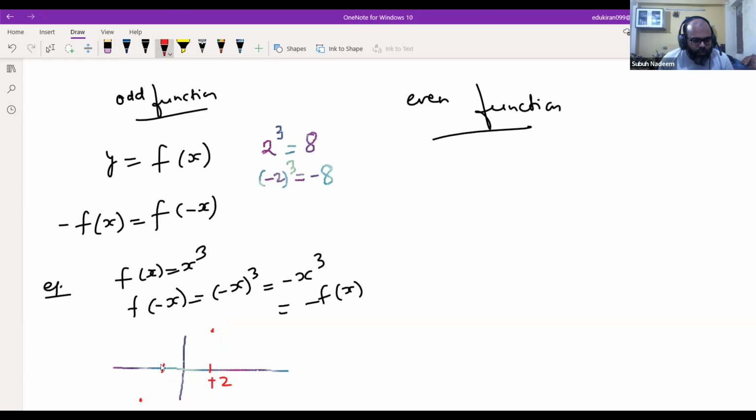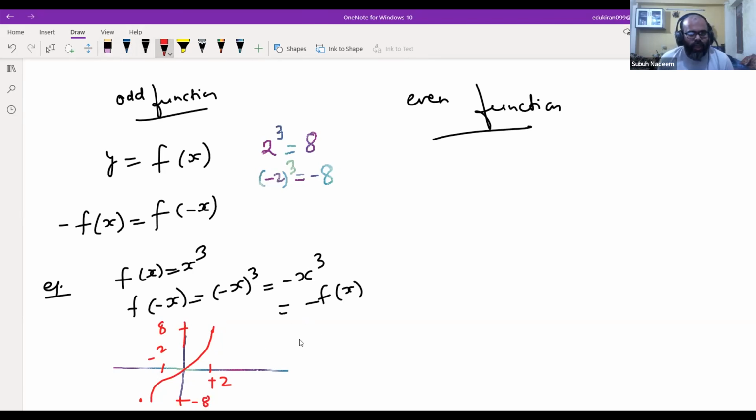This is plus 2. This is minus 2. And the curve is like this. So here you are getting 8, and here at minus 2 you are getting -8. So 2³ is 8, (-2)³ is -8.